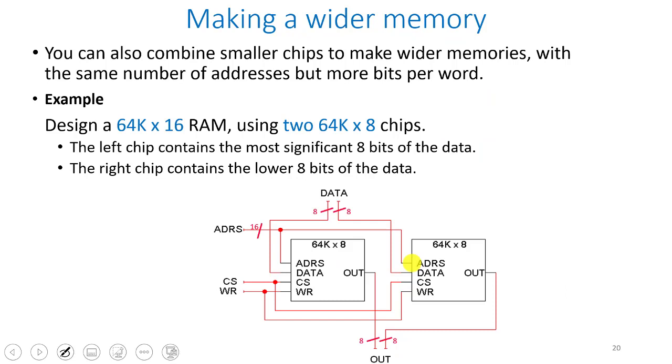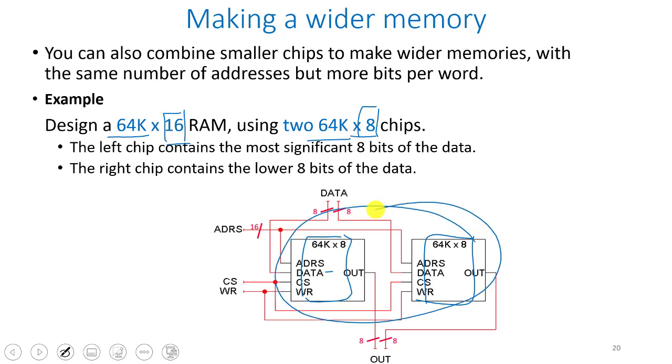If you want to expand, so if I have 64K, it means I need 2 64Ks connected beside each other. Now my design needs 16, and here I have 8. 16 divided by 8 is 2. This means I need 2 of these over here, connected in parallel.